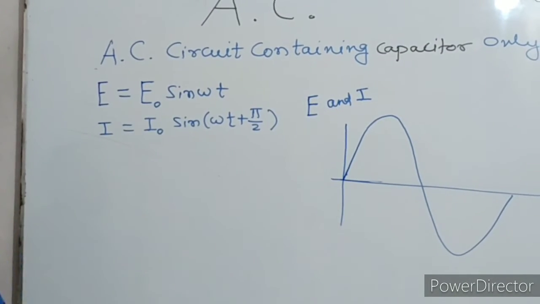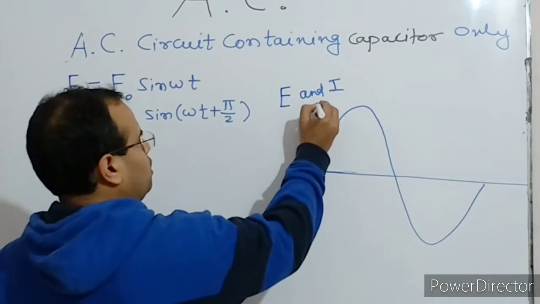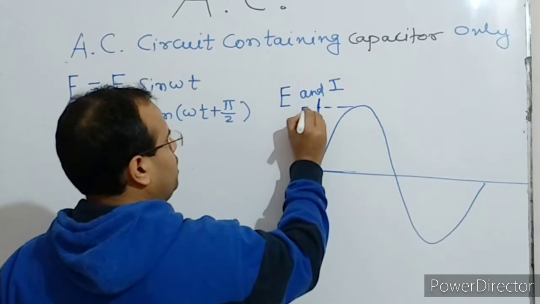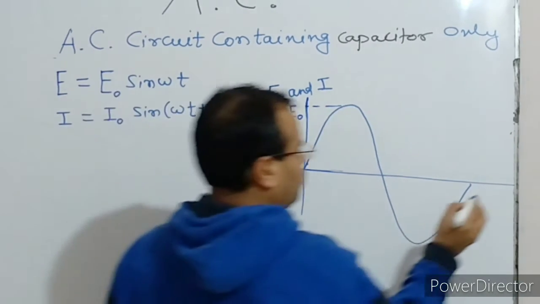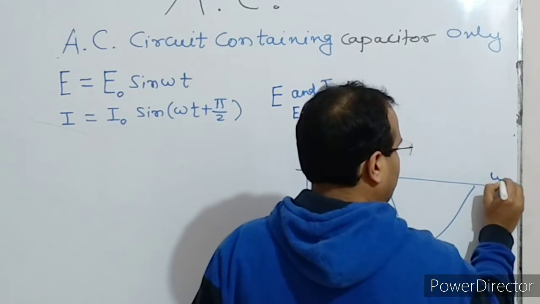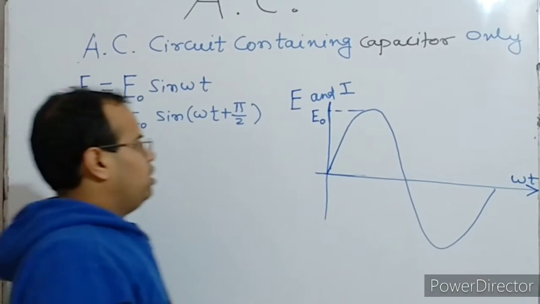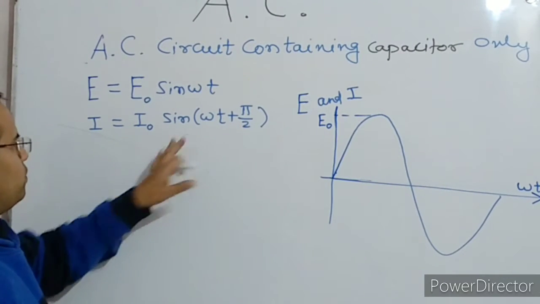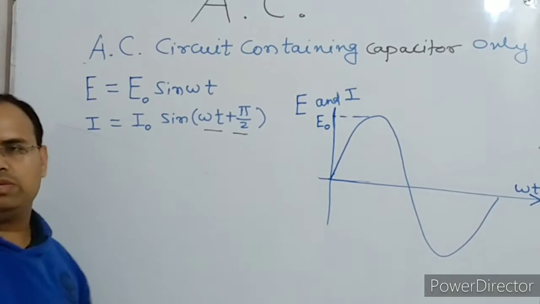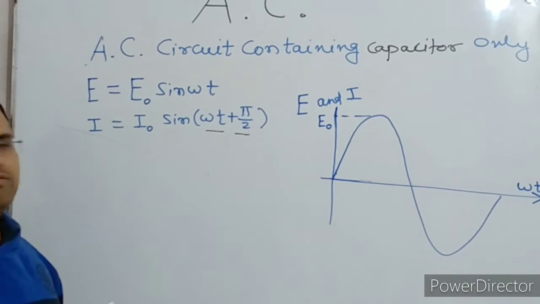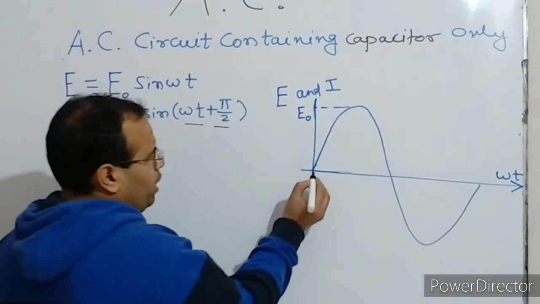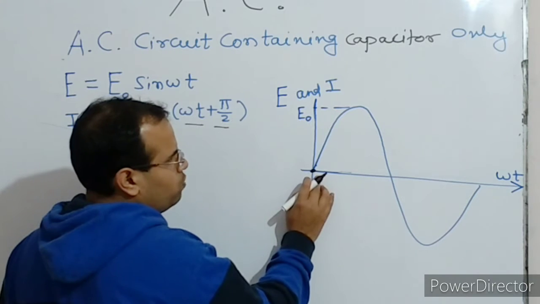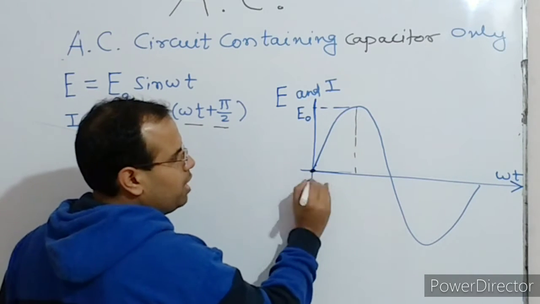This is the EMF, and you know that the maximum value of EMF is E naught, and on this axis we have omega t. Then the current is given by sin(omega t plus pi by 2). It means it is leading the EMF by angle pi by 2. What does it mean? The values which EMF gets here, the current gets the values which EMF will get after pi by 2 angle.